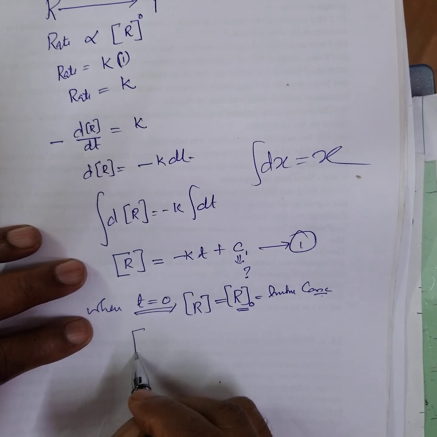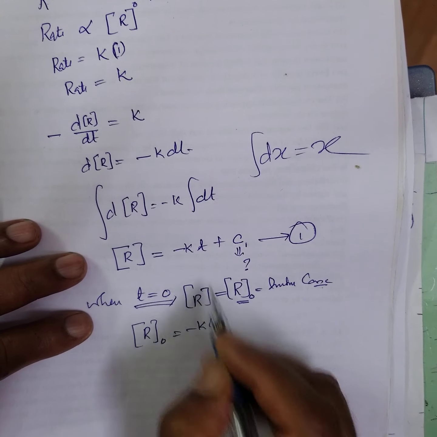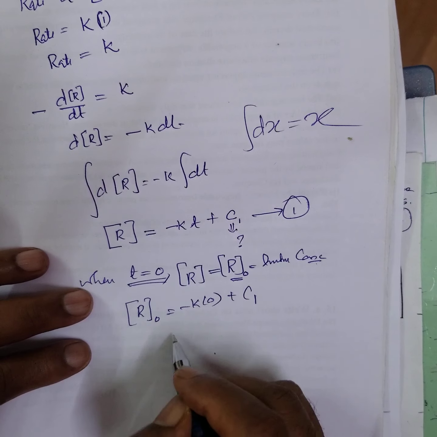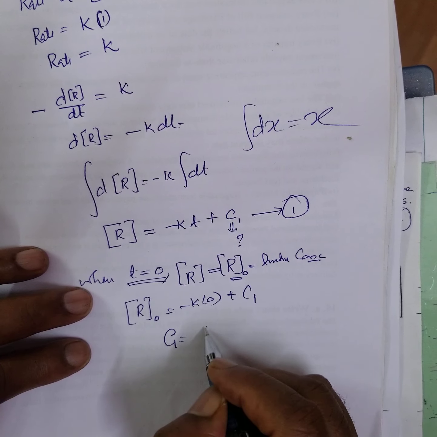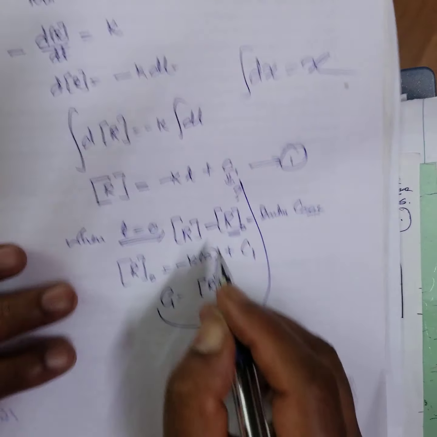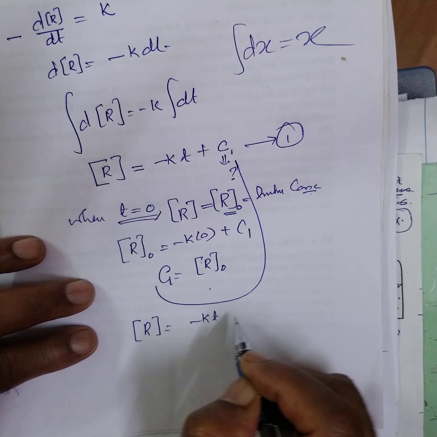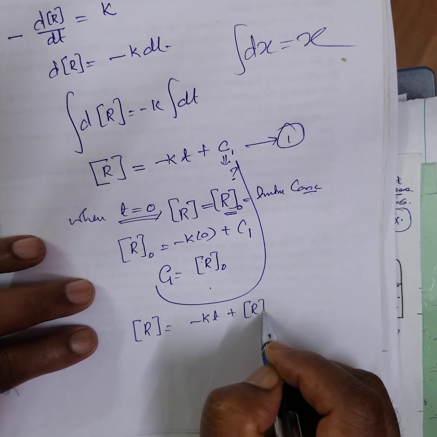Therefore, R naught is equal to minus K times 0 plus C1, so C1 is equal to R naught. Substitute here. Therefore, R is equal to minus Kt plus R naught.